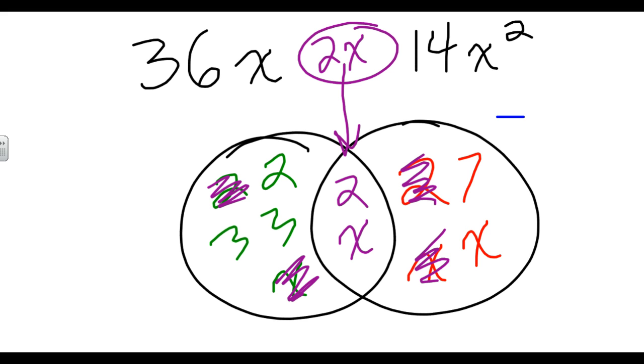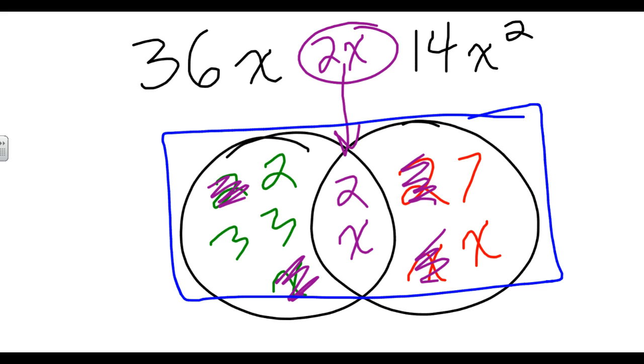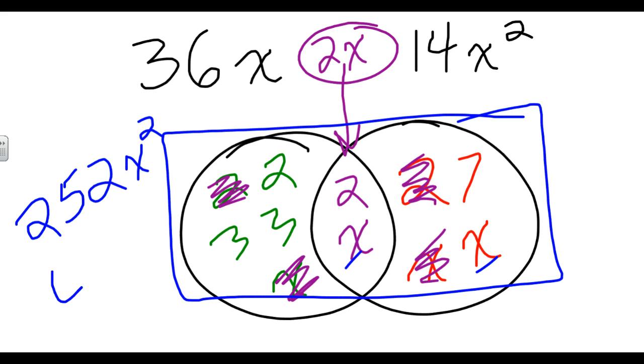Then the LCM is everything that you see that's left. And so we have, for the numbers, 2 times 2 times 3 times 3 times 7, which is 252. And for the variables, we have 2 x's that we see, so x squared. 252x squared is the LCM.